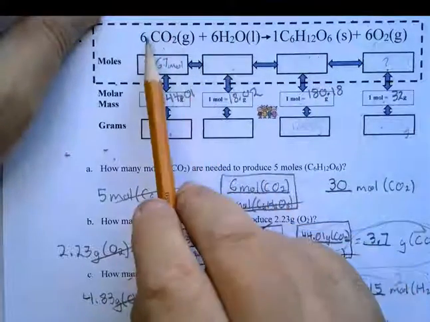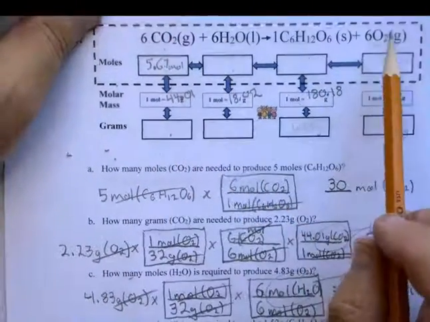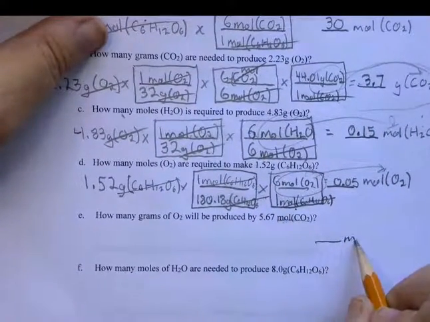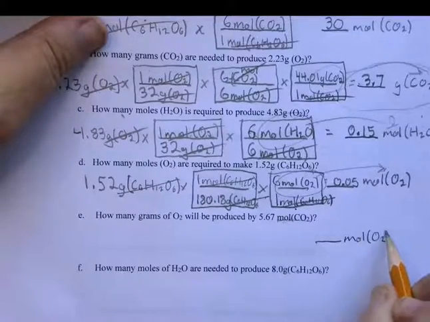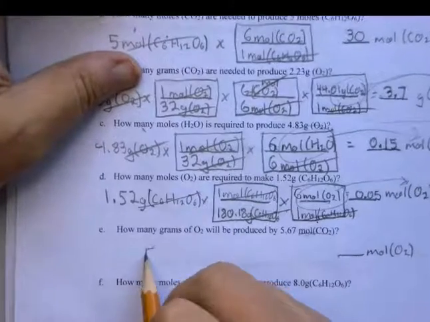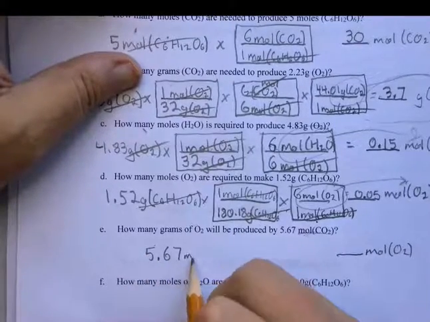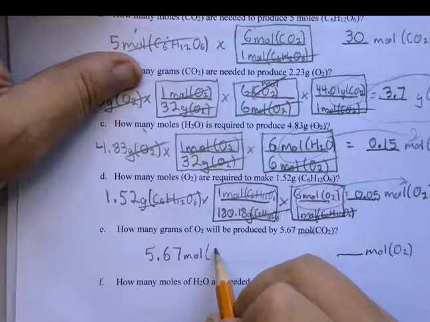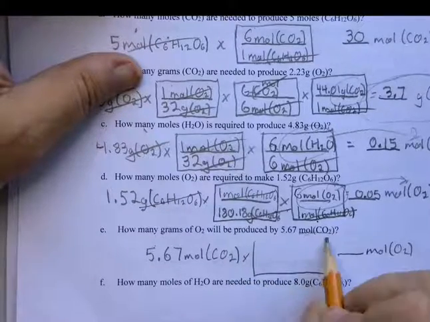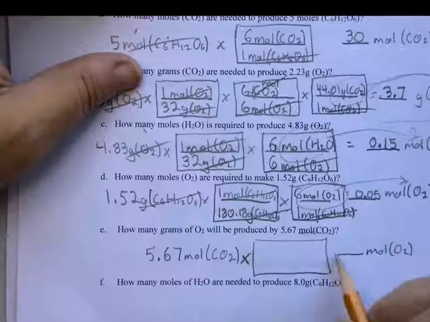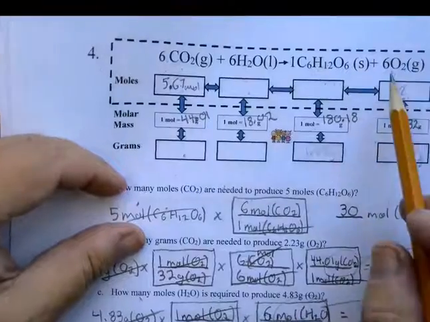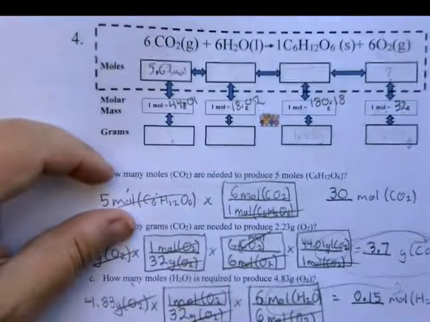So it's a single conversion, moles of carbon dioxide to moles of oxygen. So our question mark is moles of oxygen, and we're starting with 5.67 moles of CO2 times 1 box. That's all we need. Okay, so we either have 6 moles of CO2 over 6 moles of O2 or 6 moles of O2 over 6 moles of CO2.